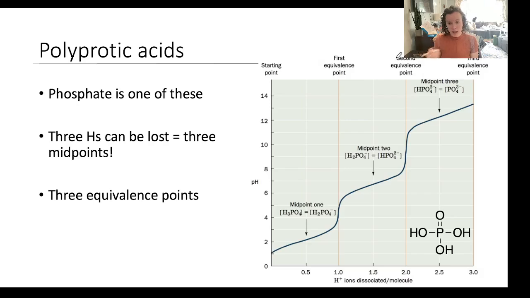It's actually triprotic, so it has 3 protons that can be lost. Each of these protons has its own pKa, shown by each of these 1, 2, 3 midpoints that align directly with the middle of each buffering region.